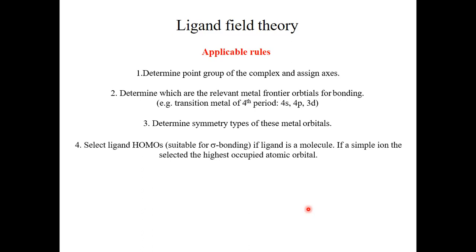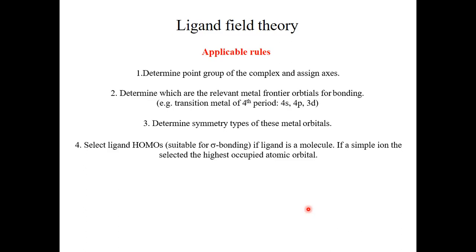Okay. Fourthly, you can now select the highest occupied molecular orbital suitable for sigma bonding if the ligand is a molecule. If it's only a simple ion, then select the highest occupied atomic orbital suitable for sigma bonding. This, of course, requires that you know what the highest occupied molecular orbital of your ligand is.